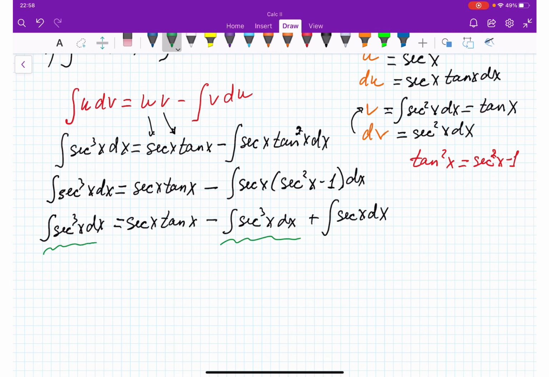I can put them together as like terms, right? This way I'm going to get 2 integral secant cube x dx is equal to secant x tangent x, right? And plus integral secant x dx.